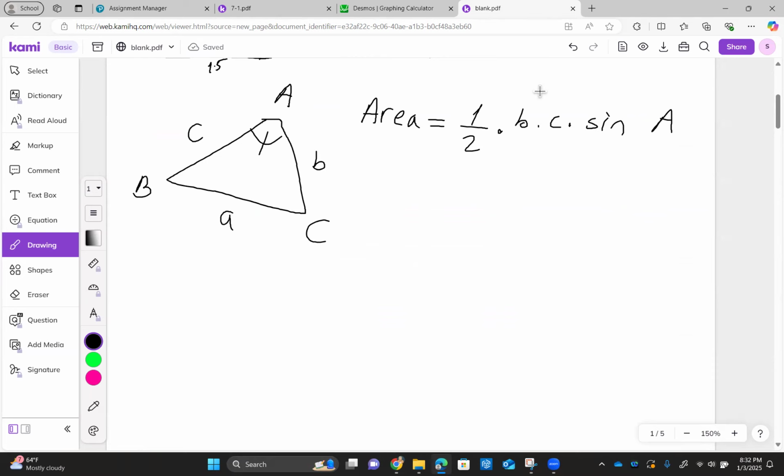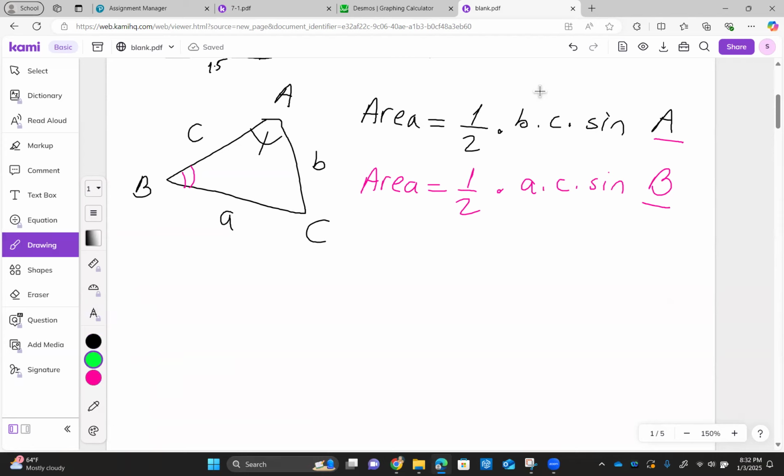Let's say you don't have access to this angle, but you actually know what angle B is. You can also calculate the area using 1/2 again, but this time the sides you have are A and C, and the included angle is B. So you can do 1/2 times A times C times sine of angle B. As you can see here, the angle uses the letter which is not present in the sides.